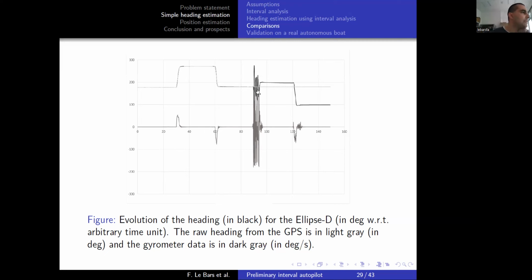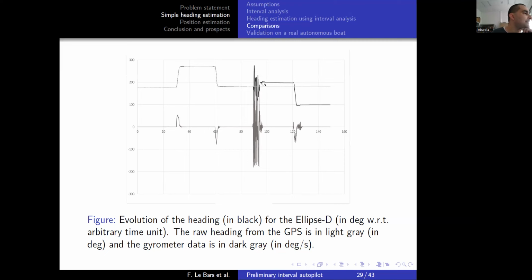And what we see is that after this generated inconsistency, the system is unfortunately not able to give us the correct heading.